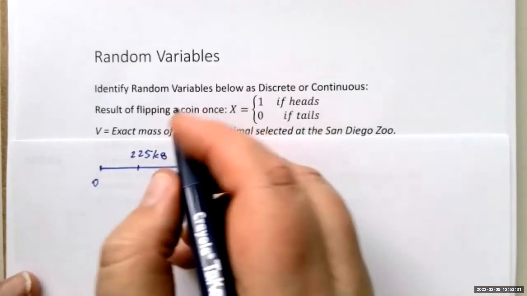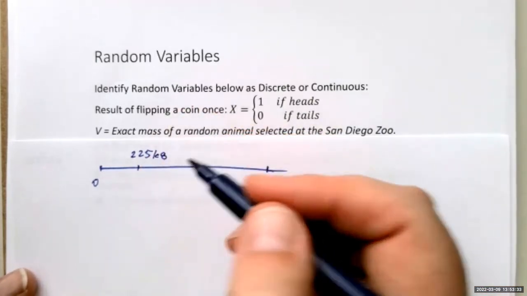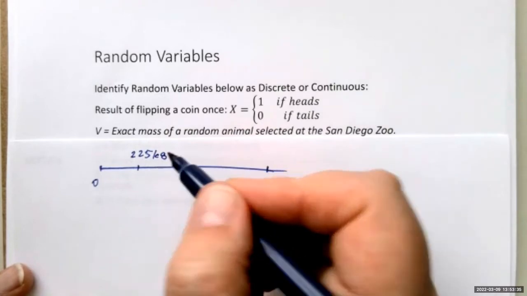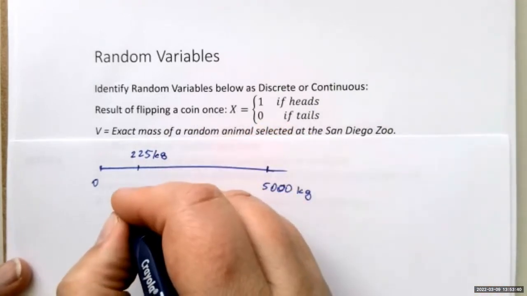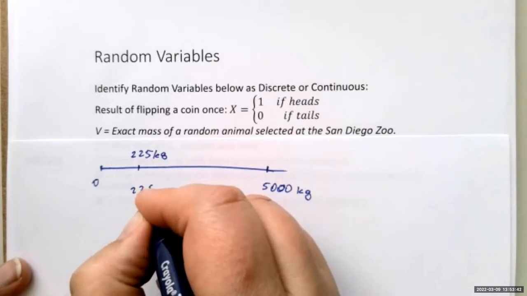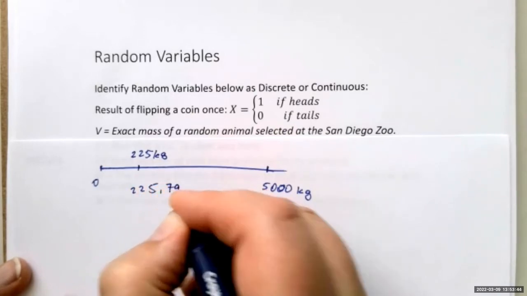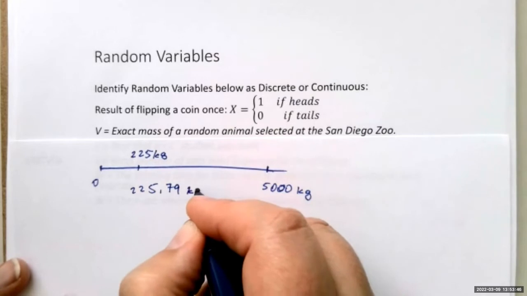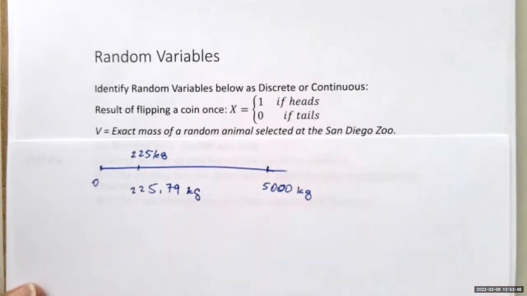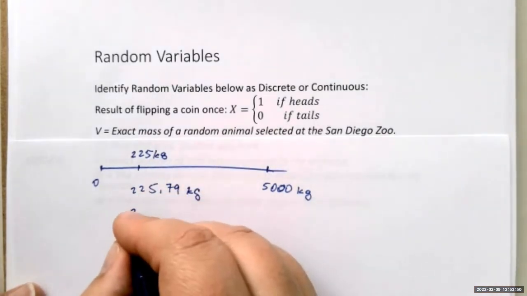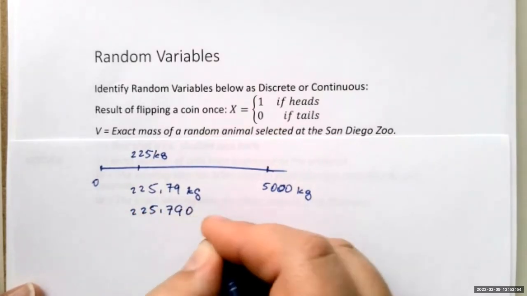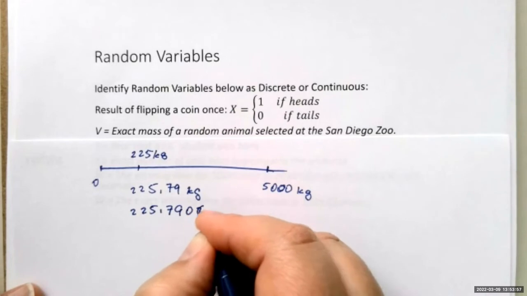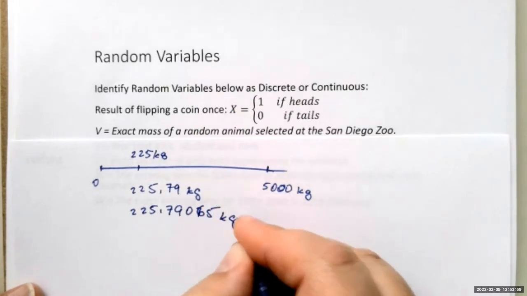But if we have a very accurate measurement, it could weigh 225.79 kilograms, or if we make it even more accurate, it could be 225.79065 kilograms, and so forth.